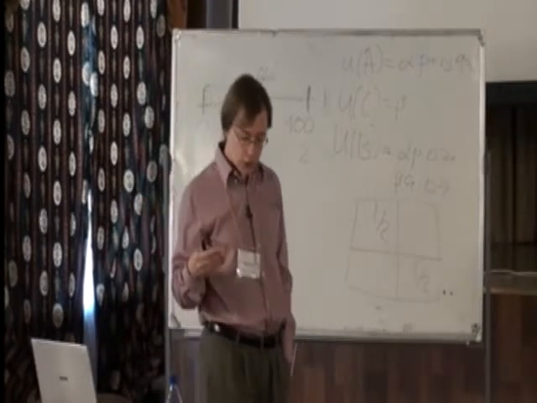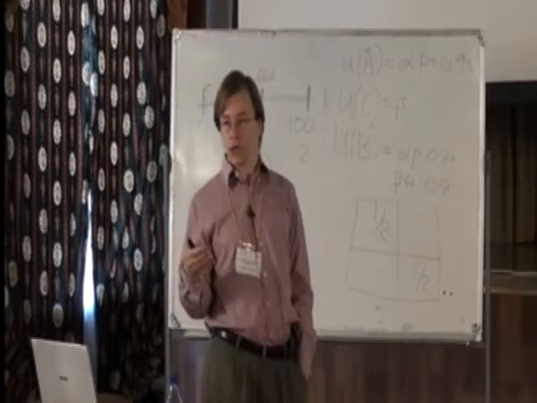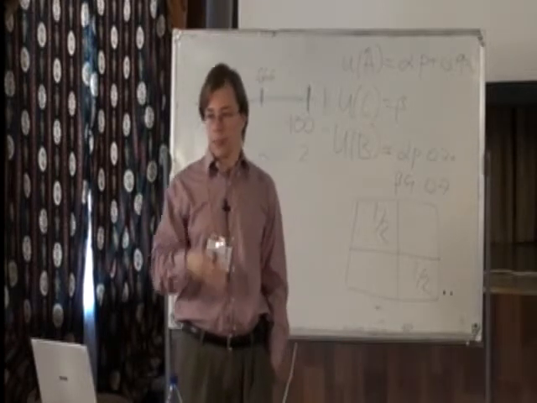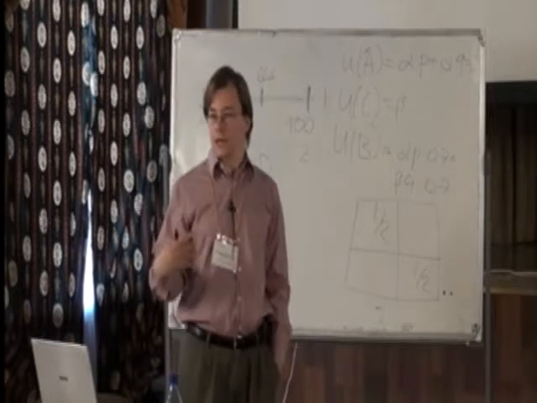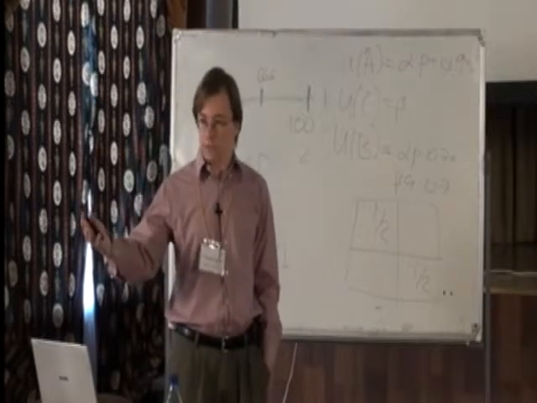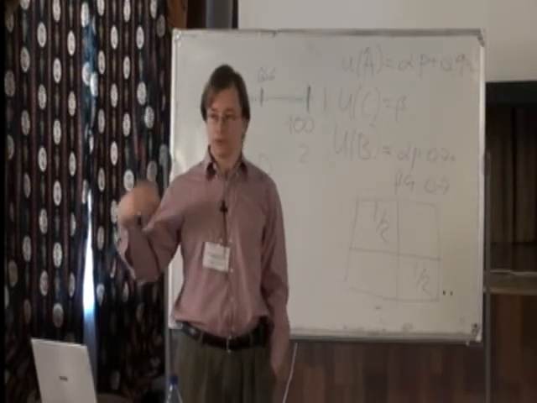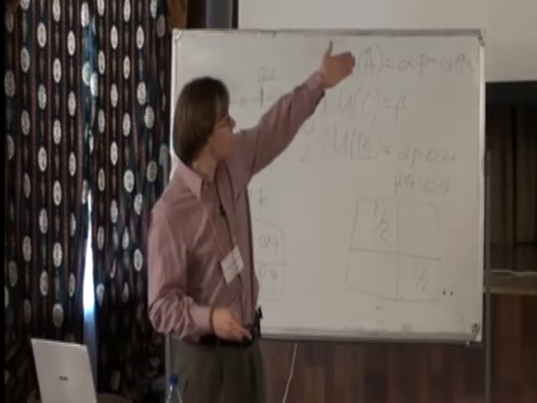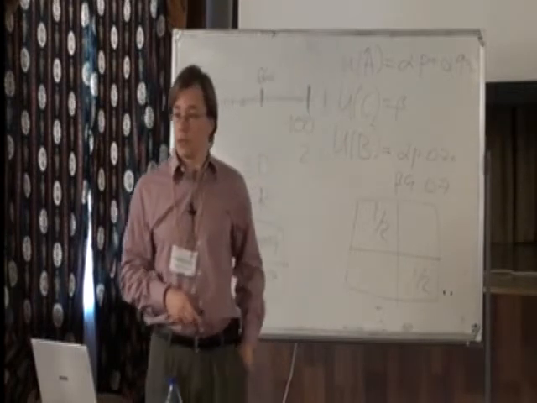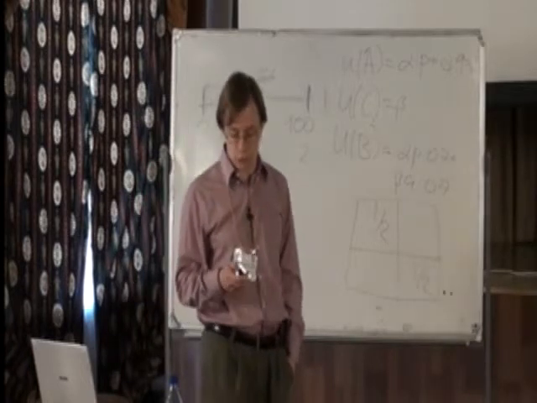Pure strategy Nash equilibrium is quite an easy story, so let me talk about this, and then we will move to mixed strategy Nash equilibrium, which has plenty of complications, and we are going to talk about this tomorrow.